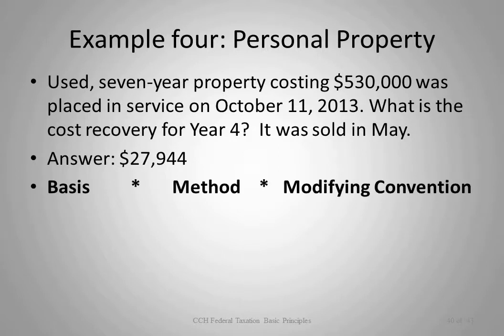So if you didn't get that already, stop and think a minute before I blow this down. Basis is the whole 530. Method is row 4 of your table. And the modifying convention, that might be a little tricky. May is in what quarter? Count the number of quarters from January to May, including fractions thereof. Subtract 0.5, divide by 4, because there are 4 quarters in a year.